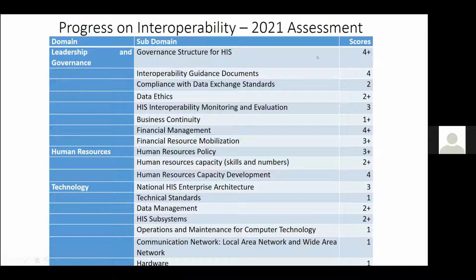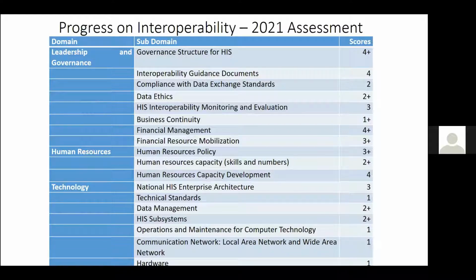We have made progress, but we still have gaps. What I'm showing you is the result of an interoperability maturity model assessment based on the tool that is there, I think through OpenHIE.